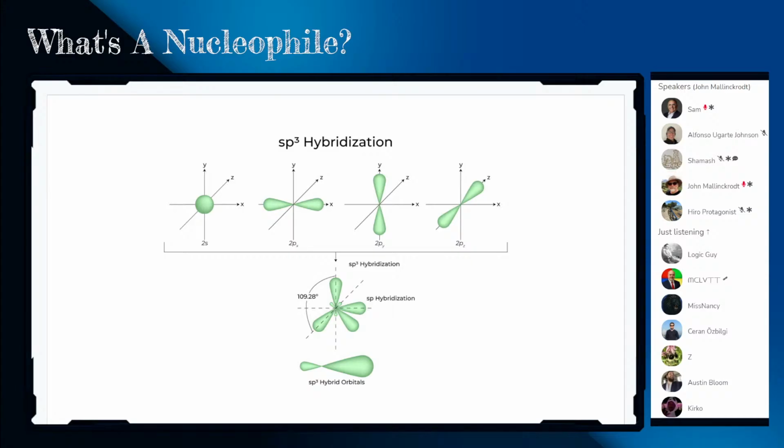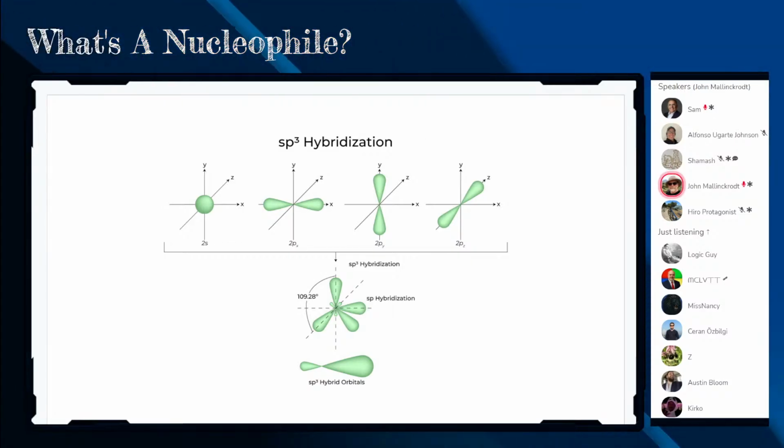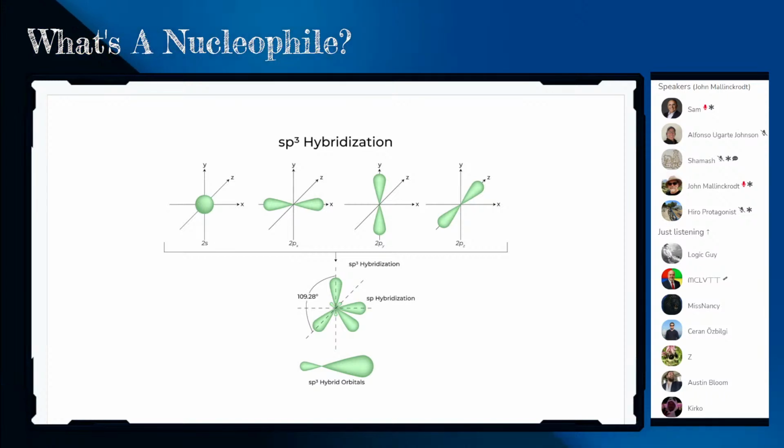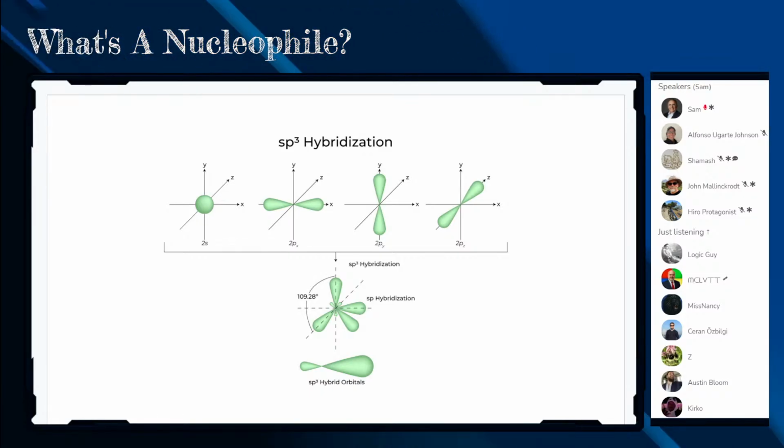So, quick question. It seems to me that that arrow that you draw could equally well be drawn the other way, in which case it would be an electrophilic. I mean, attraction is a two-way street, right? Yes. I don't understand quite why you call it nucleophilic. It's a convention of who's doing the attacking.